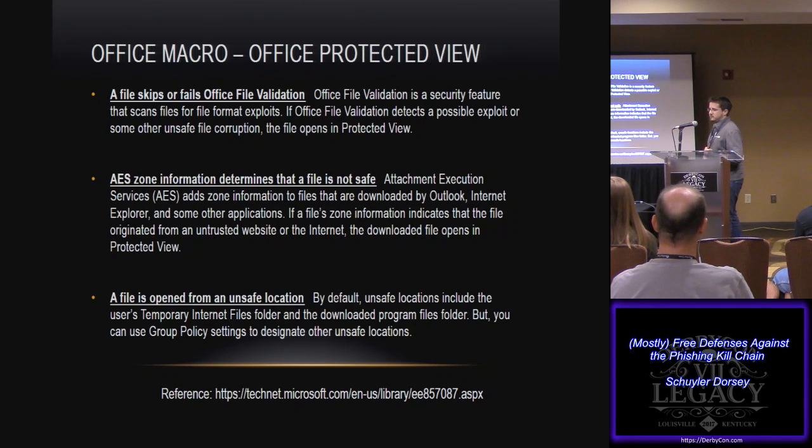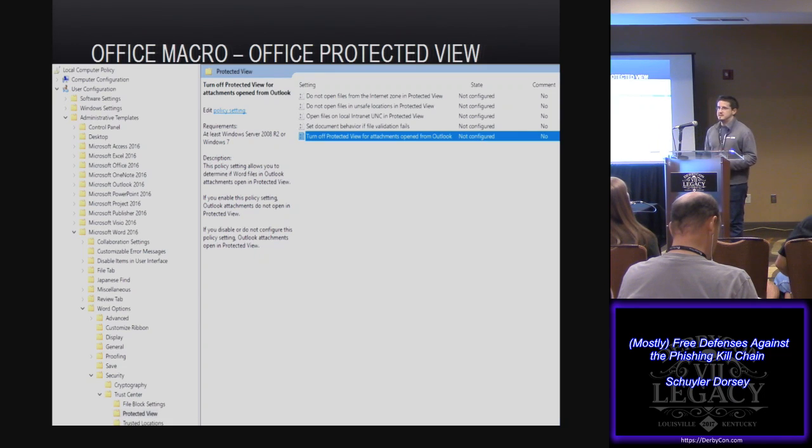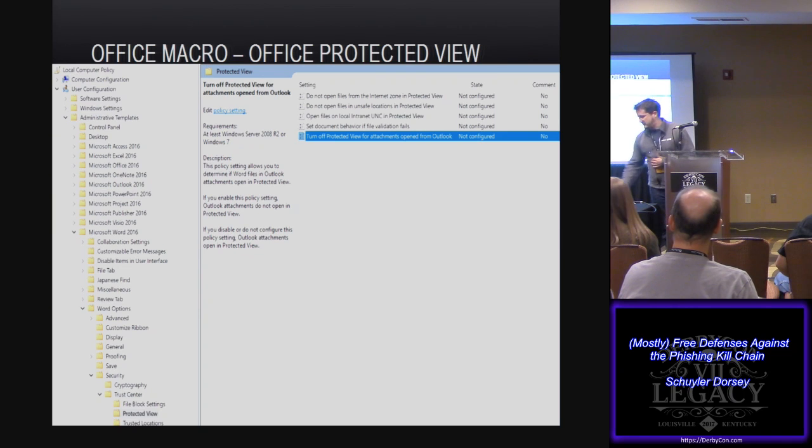So Office Protected View is actually enabled by default, I believe, since 2010. But the user can disable it, and oftentimes they will. So you can deploy a group policy to enforce it, including for files opened from Outlook, and you can force that to no, so your end users can't change it at all.